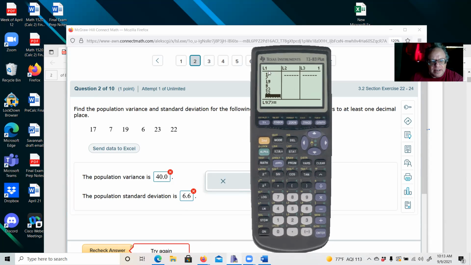Let's inspect: 17, 7, 19, 6, 23, 22. Good. And we're going to go to stat again, for the calc, one-variable statistics. Just one. Enter. Boom.